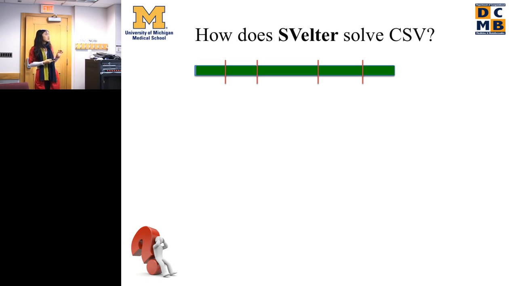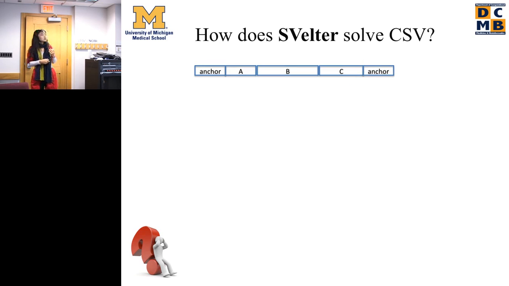After this, we define the blocks based on the breakpoints. Here we have 4 breakpoints, so we can define 3 potentially interesting blocks in between. And we also add 2 anchors on both sides, which is very important here.